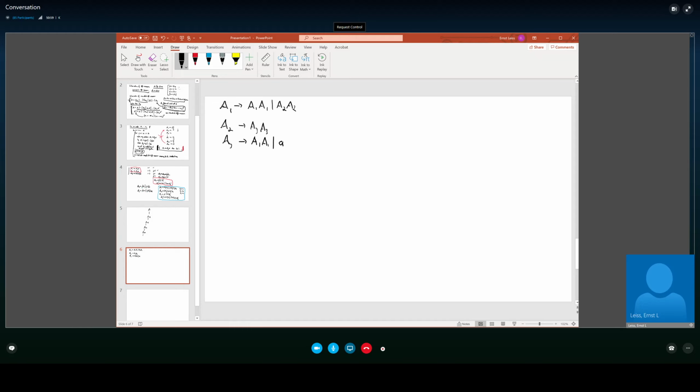So in this case, we start with I is equal to 1. There is no J case, so no J. But there is immediate left recursion. So we have A1 goes to A1, A1, or A2, A2. So this would be our beta. This would be our alpha. Okay.